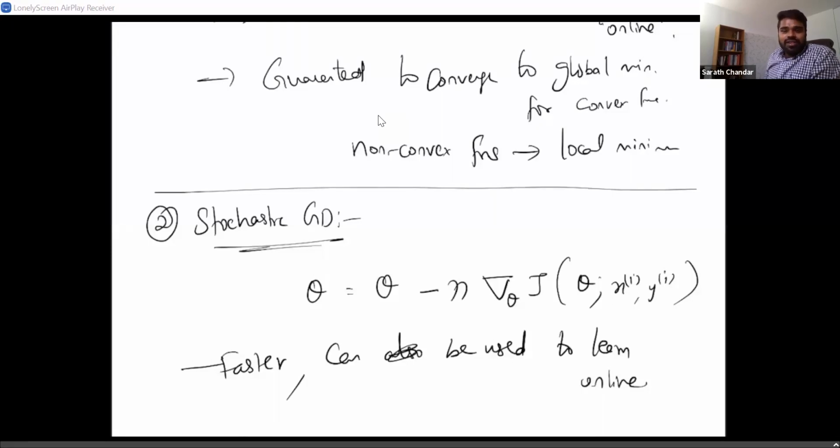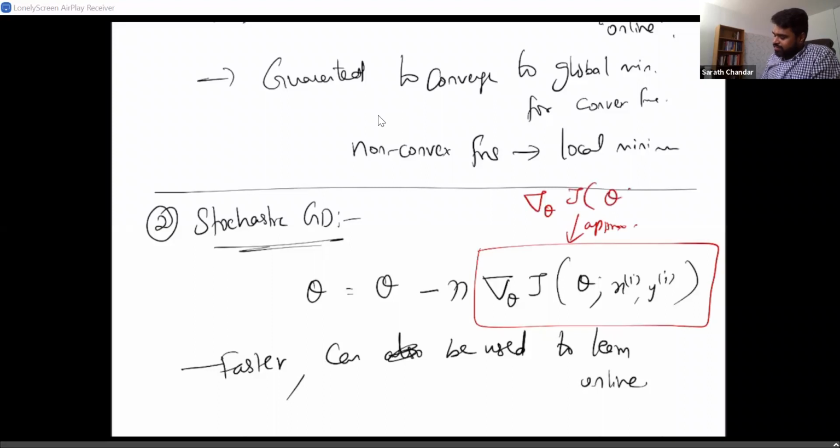But we know that this is just an approximation of the true gradient, which is basically over x1 to T, y1 to T. This is what we wanted to minimize, but we are approximating it by the stochastic gradient, which is a noisy approximation of the true gradient. It's noisy, which means it's going to have some variance.